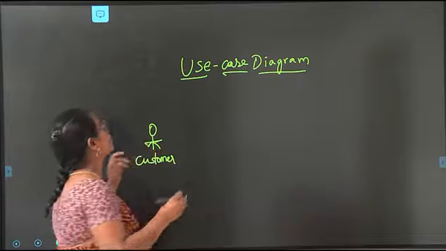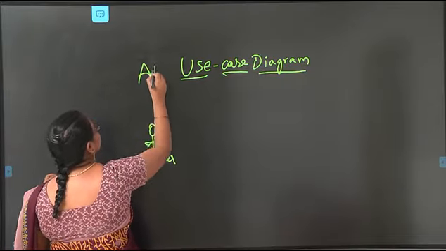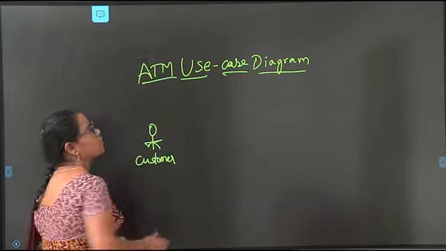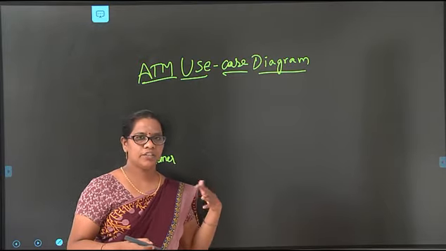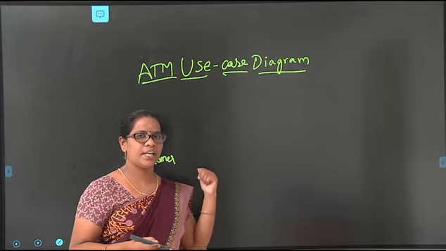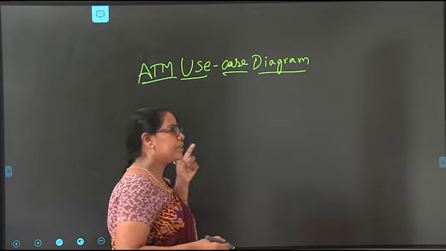I am taking a use case diagram for the ATM, because the ATM is known to all people, so everyone has interacted with it. I think even once in your lifetime, people interact with the ATM.